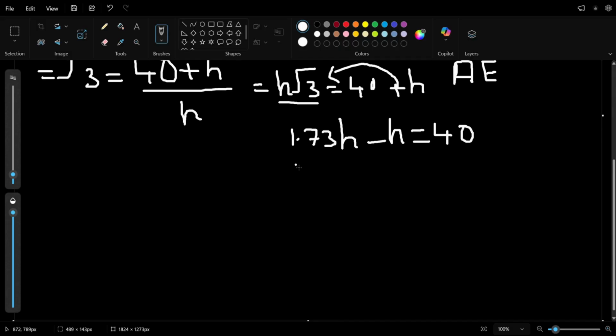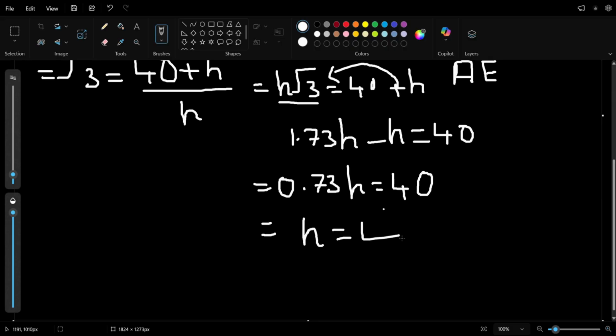Now 1.73 H minus H is 0.73. 0.73 H is equal to 40. Now H will go other side, so H is equal to 40 by 0.73.